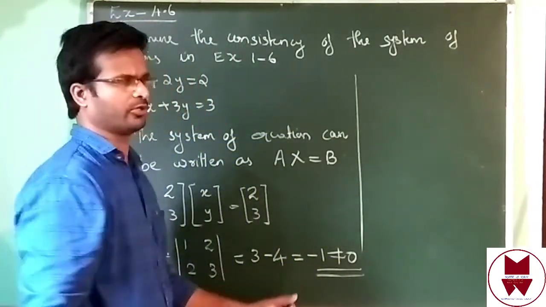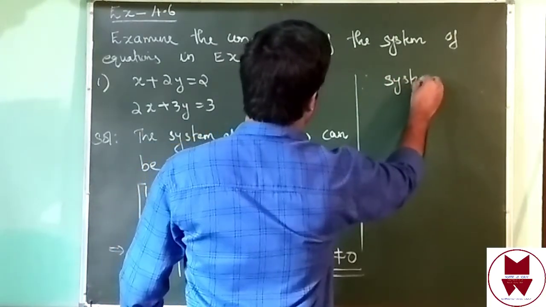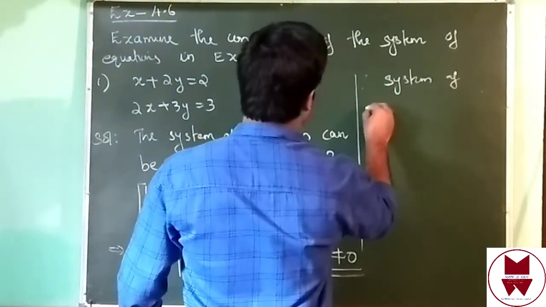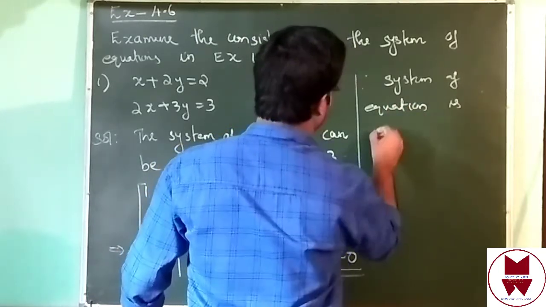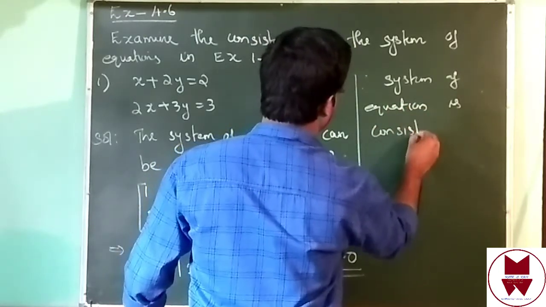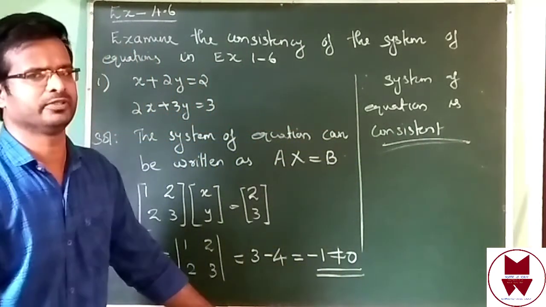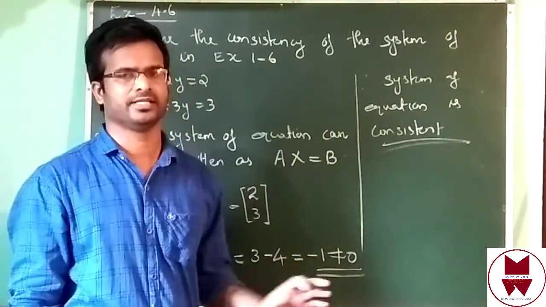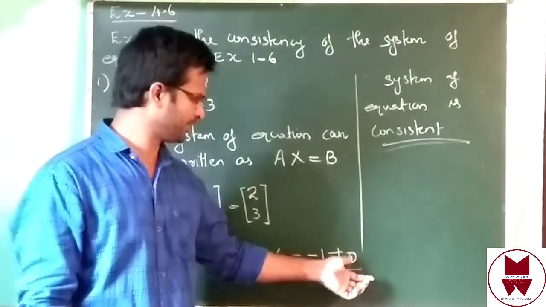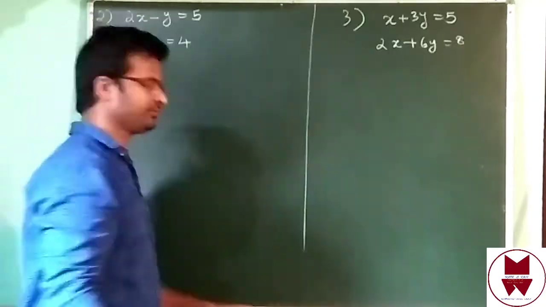Not equal to 0 means the given system of equations is consistent. Because when you take the determinant, if you're not getting 0, the system of equations is consistent. If you are getting a negative number or positive number, any number, that is not a matter.